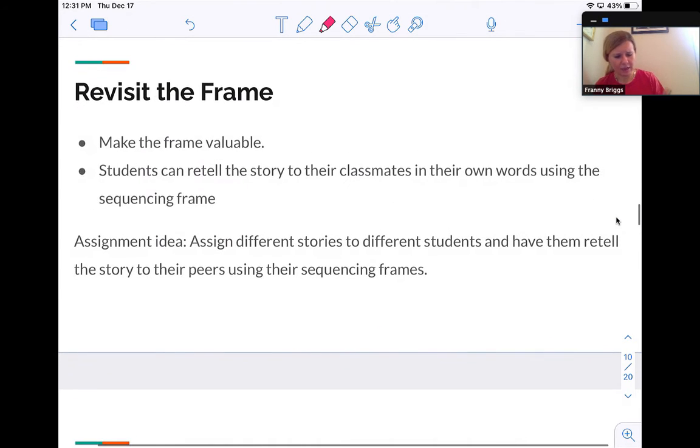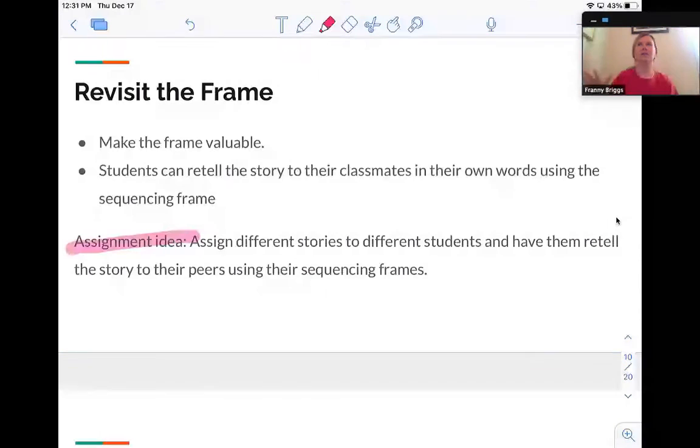So I included an assignment idea. The PAF readers have tons of stories. What you could do is you could have students work in groups and assign different groups different stories and support them in making sequencing frames and then telling the story to students who didn't read that story.